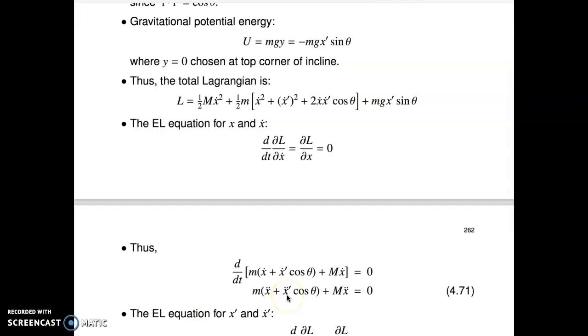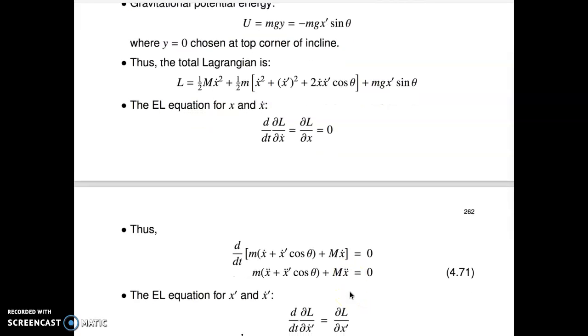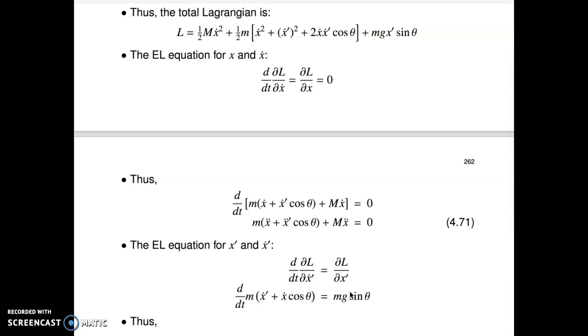And we have x double dot and x prime double dot, and here's x double dot again. Those are essentially accelerations. Okay, now we'll do the same for the primed x and its time derivative. Remember, the dot means time derivative.